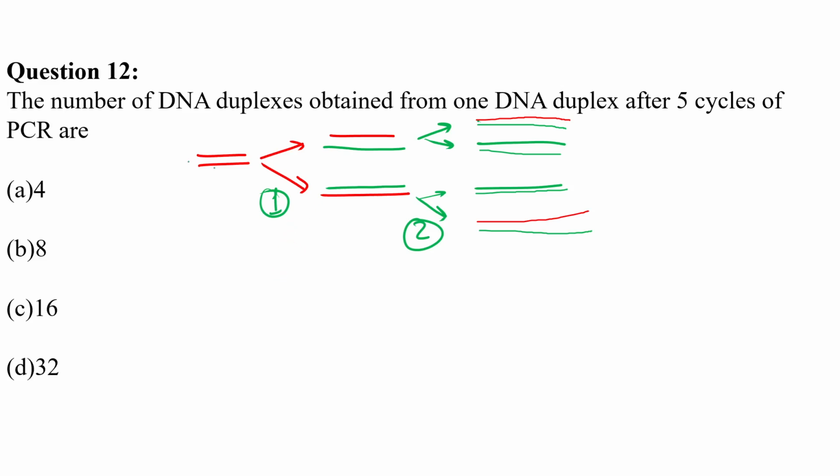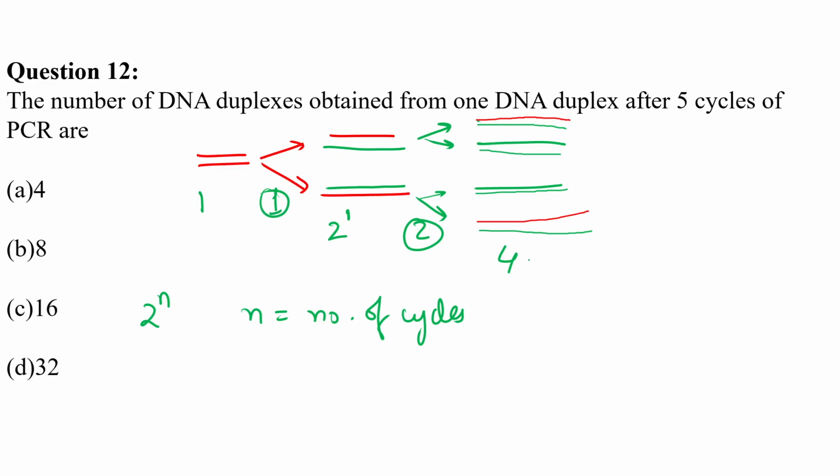So basically, if we start with one strand, after the first cycle we get 2 strands, and after the second cycle we get 4 strands. The progression is 2 raised to the power of n, where n is the number of cycles. After the first cycle it will be 2 raised to the power of 1, so we have 2.